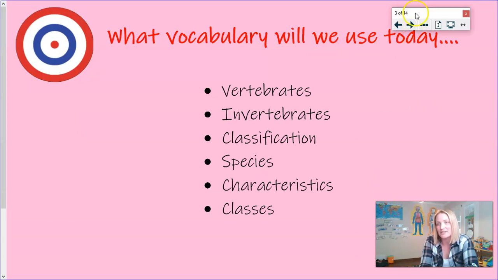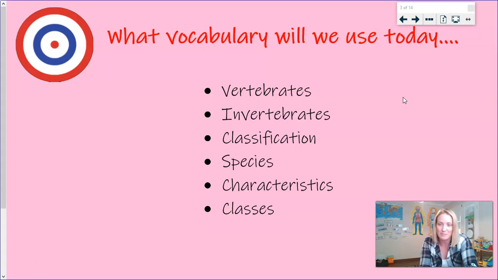Now, in every science lesson, just like in any other subject, there is a whole lot of new words that we're going to learn. Scientific vocabulary is very important because it means that you can express your understanding in a scientific manner. Here are a list of 6 words that we will be focusing on today and that I will use over the course of this lesson. If you know them, fabulous, well done.